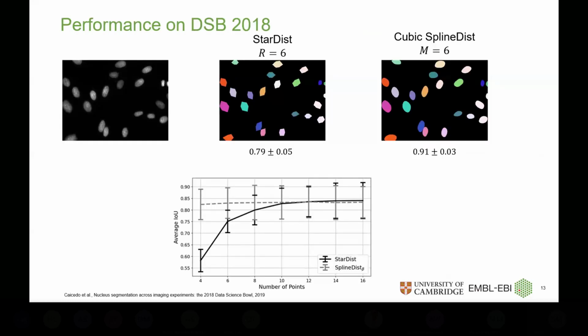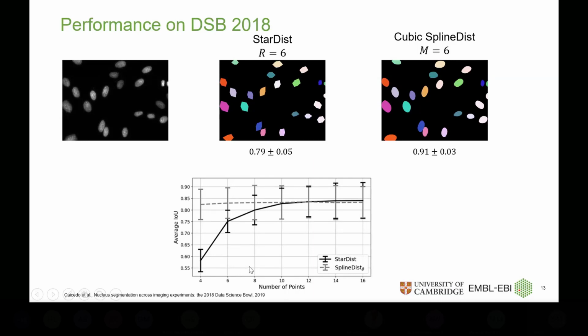And we also compare it on the benchmark dataset of the Data Science Bowl 2018 nuclei dataset. What we note here is that as we keep on increasing the number of points, and by number of points here I mean the number of radii for StarDist and the number of control points for SplineDist, at certain points the results of StarDist and SplineDist start to converge.